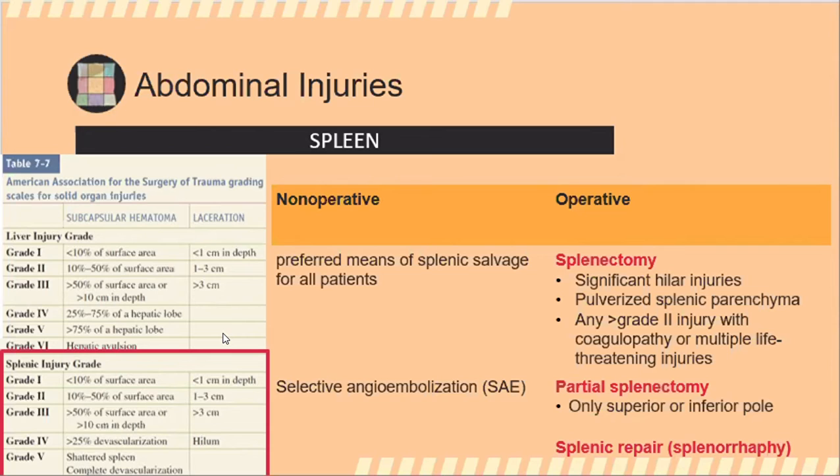So pag tinanggal mo yan, you're prone to having pneumococcal and Neisseria infections. So meningococcal pala. So yun. So kailangan ma-vaccinate sila after 2 weeks.